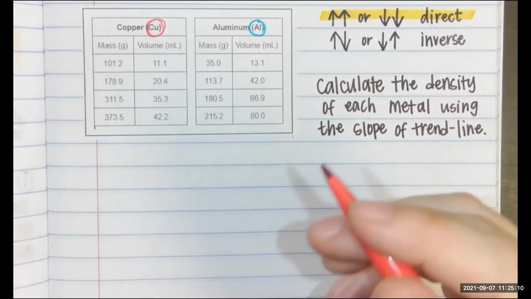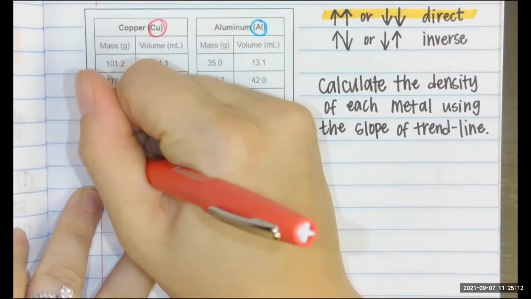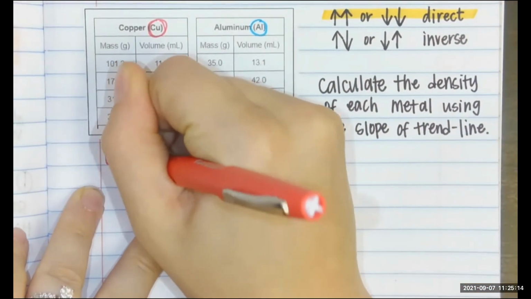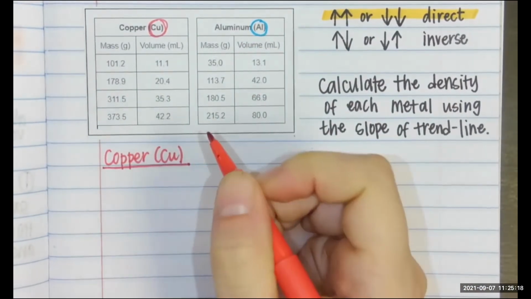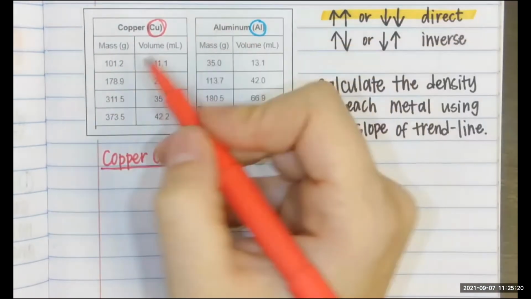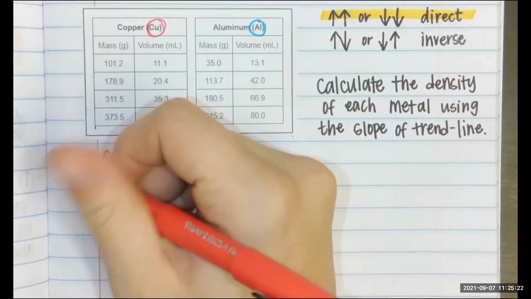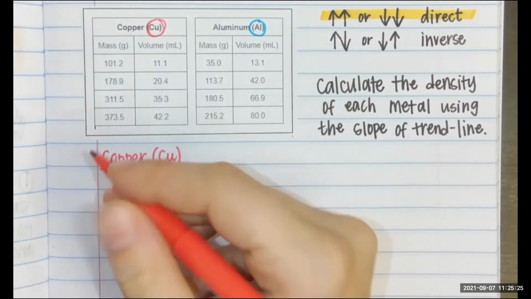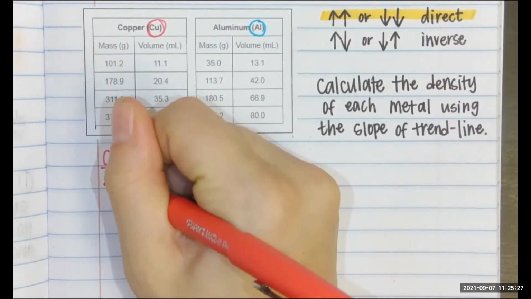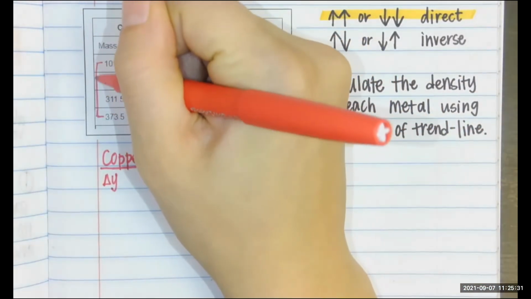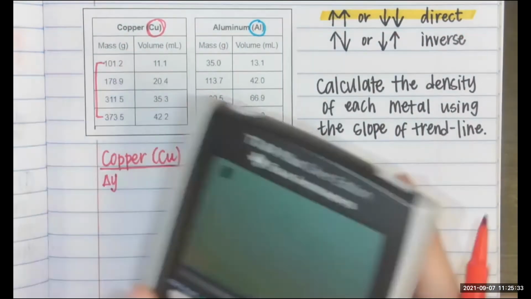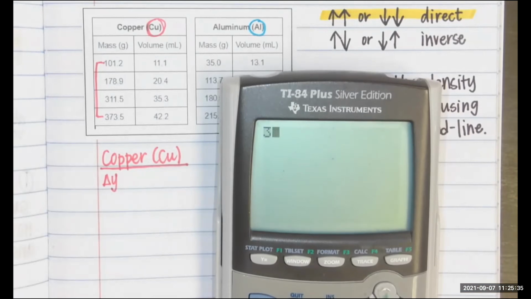So for copper, if I use the entire data set, the amount that I changed on the y-axis, which was my grams, I went from 101 to 373.5.